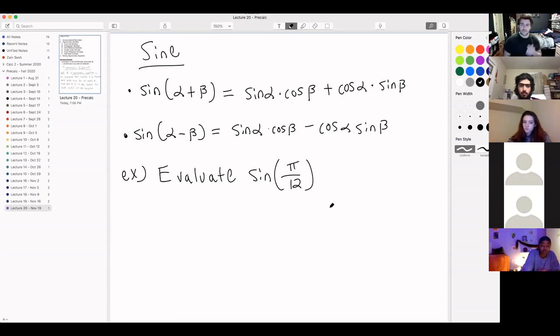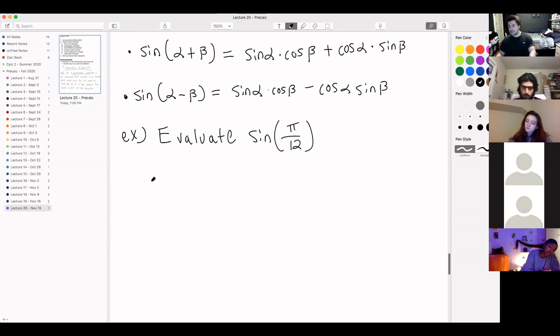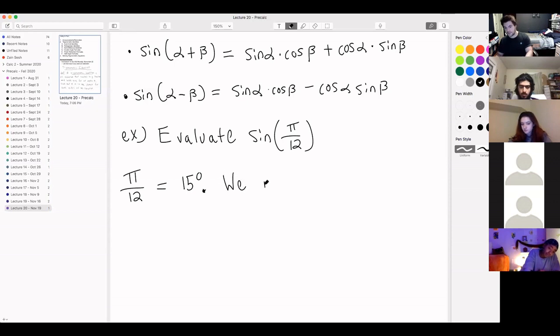Okay, again, pi over 12 is not on our trig table. It's not 30, 60, 90, 45, one of those nice angles. In fact, pi over 12 in radians is equal to 15 degrees. So you can see immediately it's not on our trig table. So now we need to write 15. So here's the strategy again.